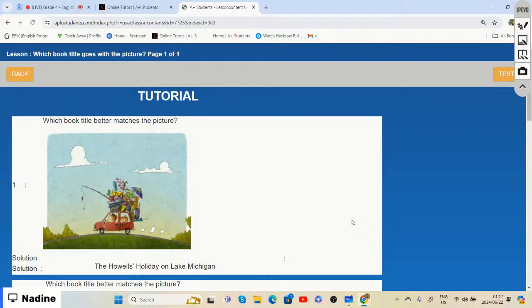And then once you tell me what you see in the picture, what do you think the title of that picture would be? Which book title will match the picture? You first need to tell me what you see within that picture first, right?